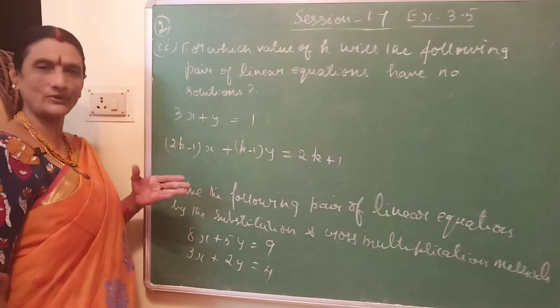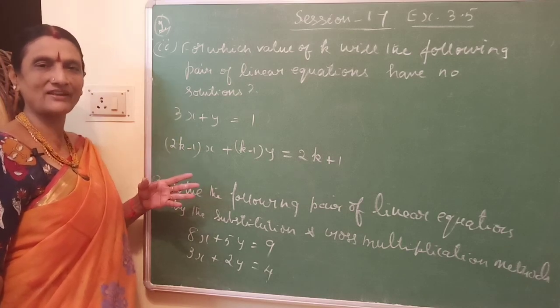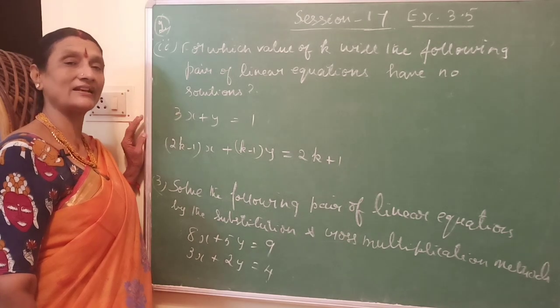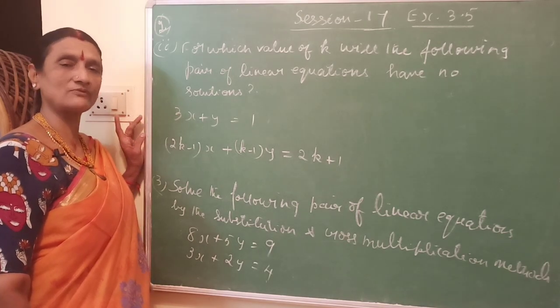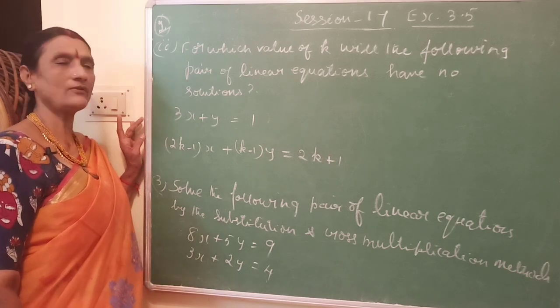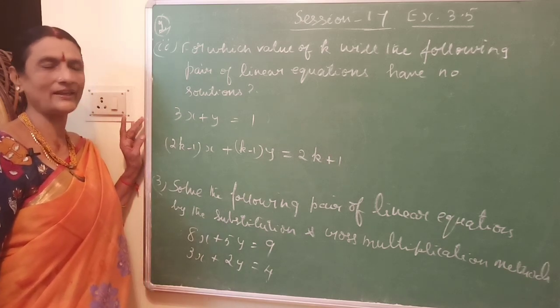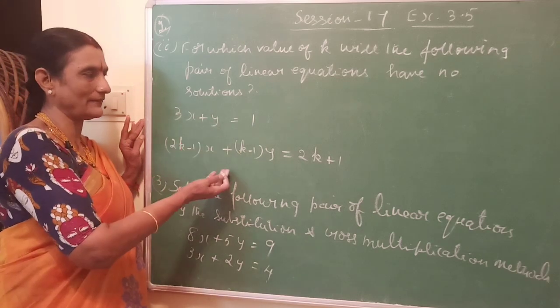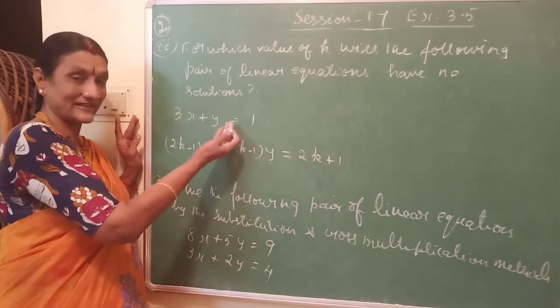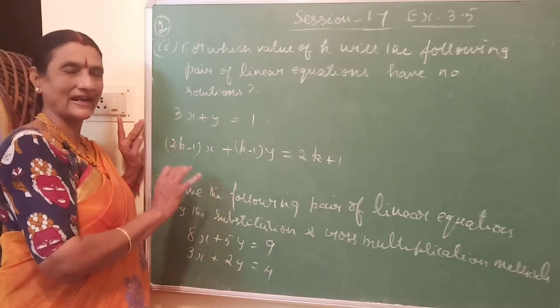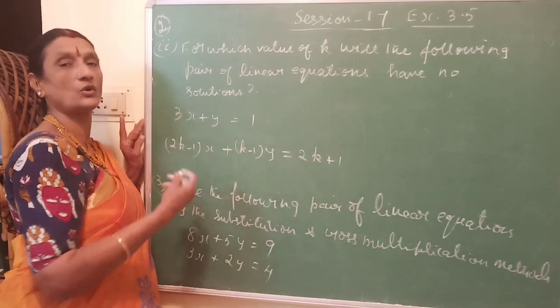So you are given 2 equations. These sums we generally call k value sums. There are several conditions. For practice we will work more during the practice or revision time. Now you be thorough with the method. Here we have to do a1 by a2, b1 by b2, c1 by c2 by taking it in the standard form. After taking it in the standard form, the equations have no solutions.